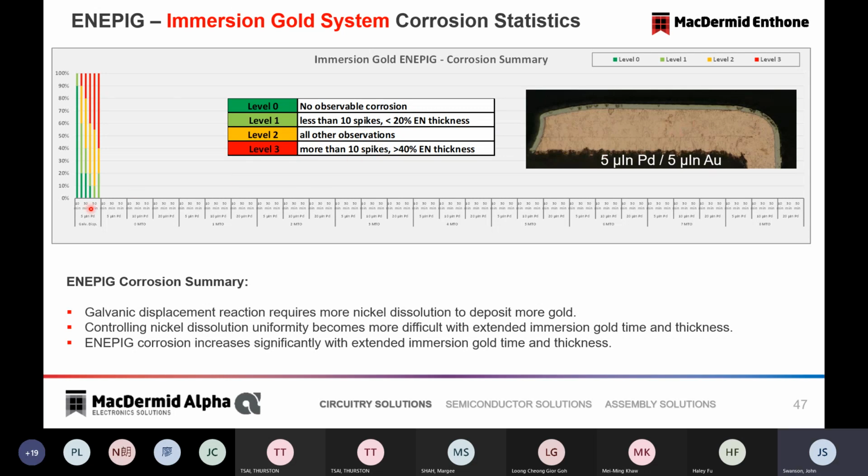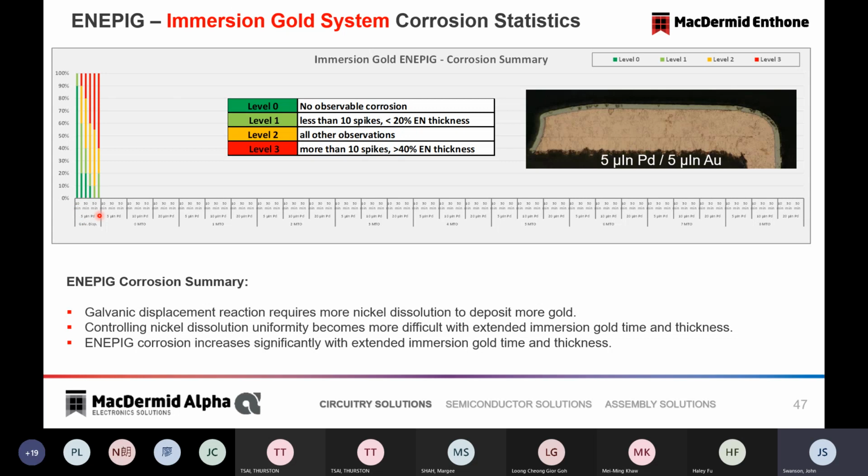On the left here, it's hard to see, I know, but we're looking at 10, 20, and 30 minutes of plating time in the immersion gold. So it gets worse, more challenging, as we build this gold thickness. We're showing 3 examples, 10, 20, and 30. If you're building gold thickness in this environment, it's challenging, and you can have corrosion in the ENEPIG system.